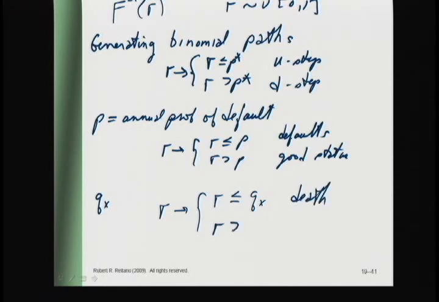And if the R is bigger than QX, then I have a survival. And it works equally well, and naturally we would change the QX each year in our mortality model. And it works equally well in determining in a large group of individuals stochastically generated claim models.